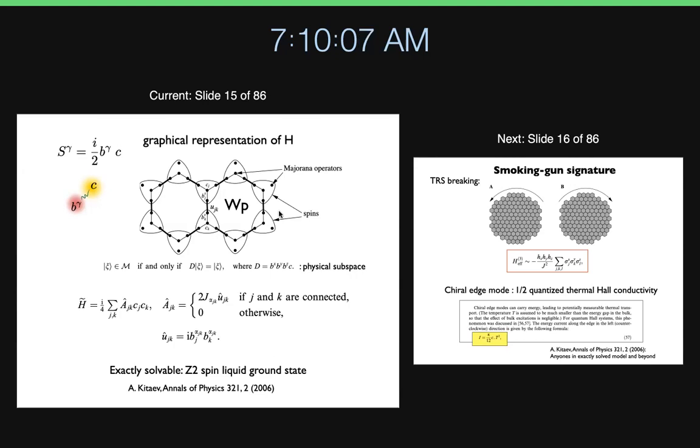So this is the Kitaev interaction, and the u_ij is a bond operator. Here, this is different from the bond Q_ij. u_ij is the definition of b, this Majorana to another Majorana on the bond. So it's written in this format here.